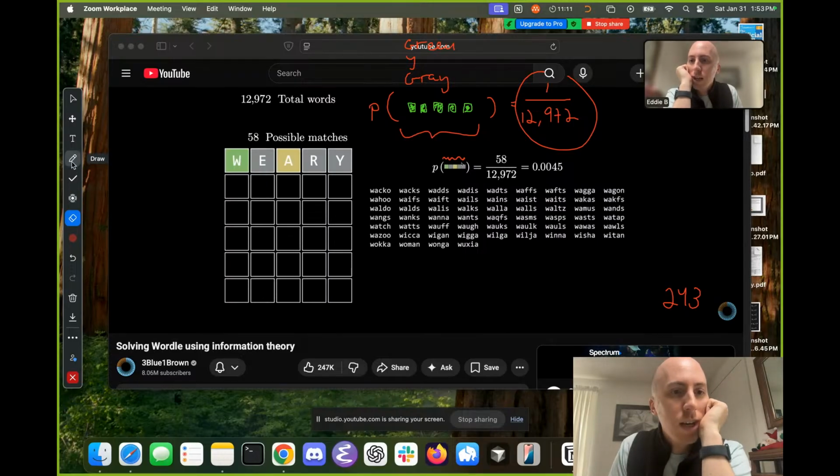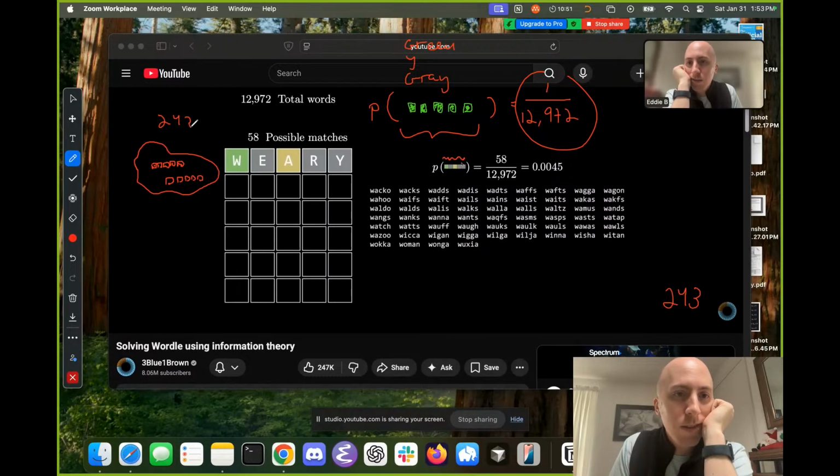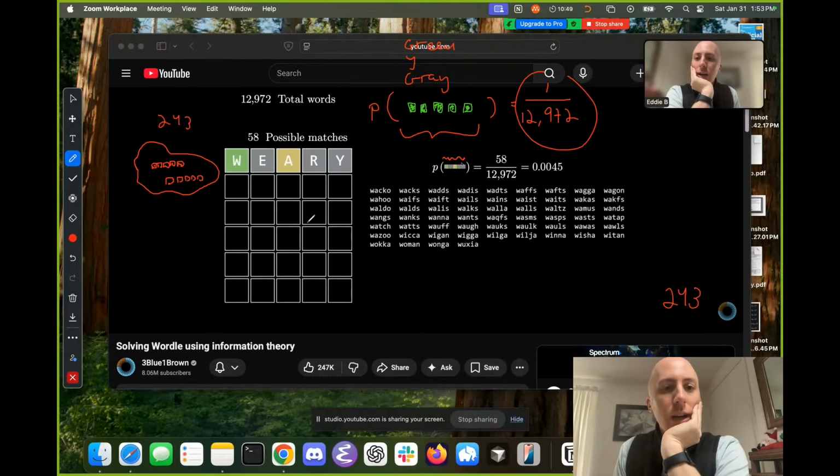So you've got this space over here of the different guess patterns. You've got 243 of these. And then you've got words over here, a much bigger space of words.